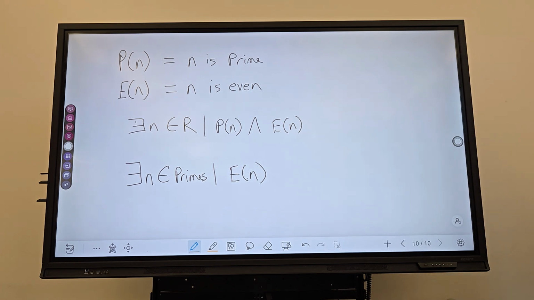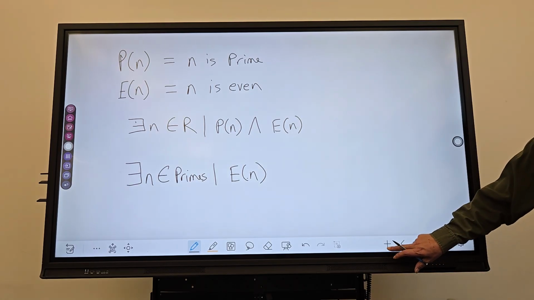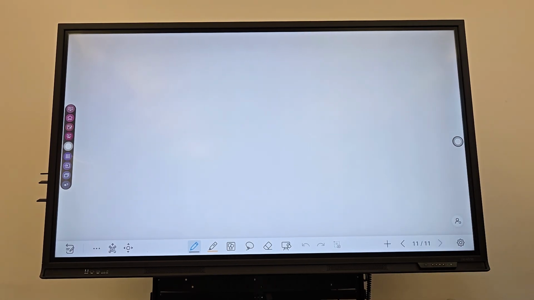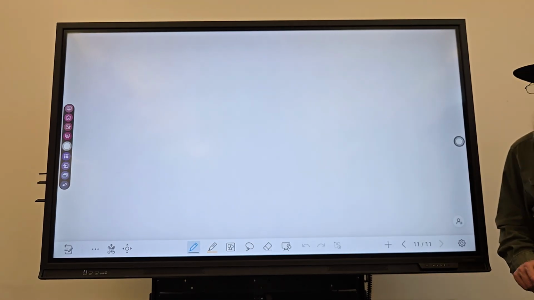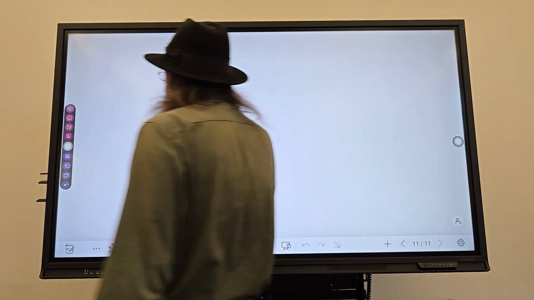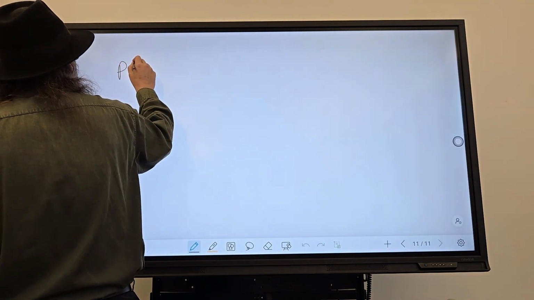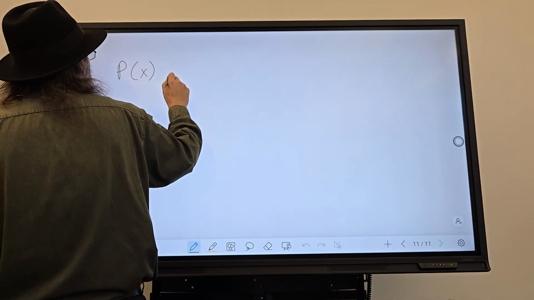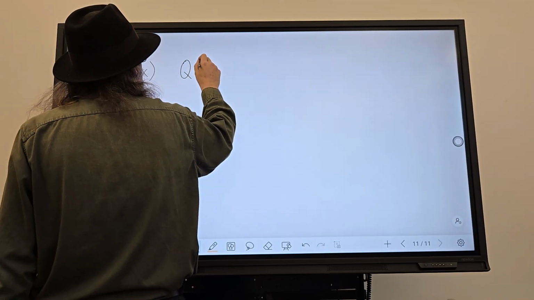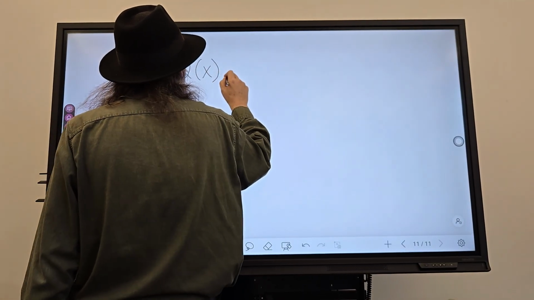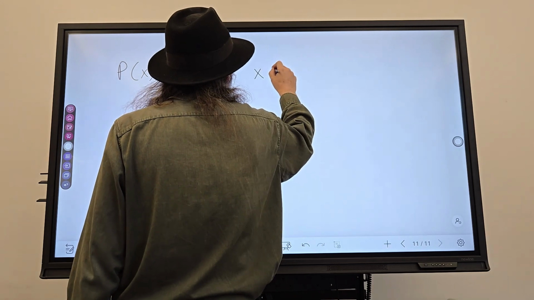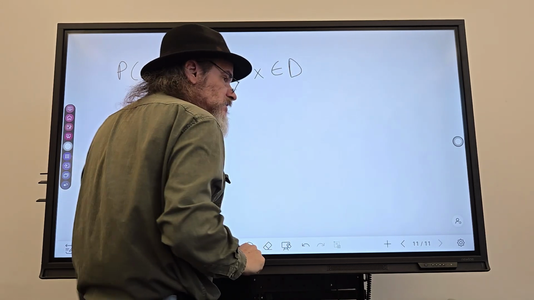A little notation here. If P and Q are predicates, and suppose the common domain of x is D, so P of x and Q of x, x an element of D, some domain.